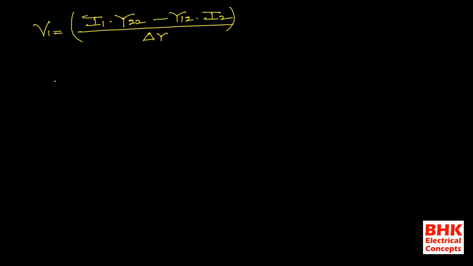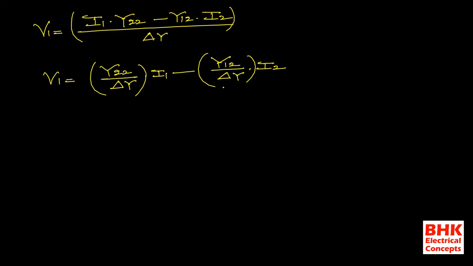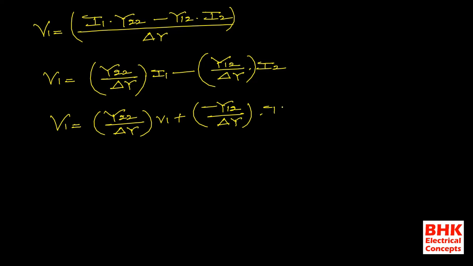I'm just splitting these two terms like this. So v1 is equal to y22 divided by delta y into I1 minus y12 divided by delta y into I2. Okay, so this is the expression of v1.